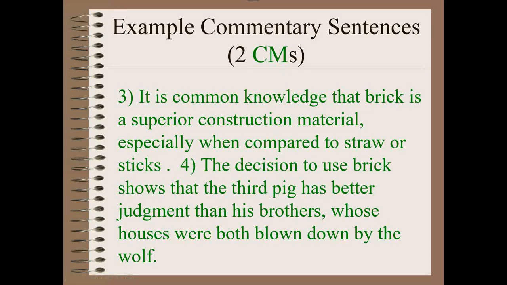So, basically, with these commentary sentences, I explain to the reader exactly how the evidence I have selected about the fact that the third pig uses brick to build his house really does demonstrate that the third pig is pretty wise.